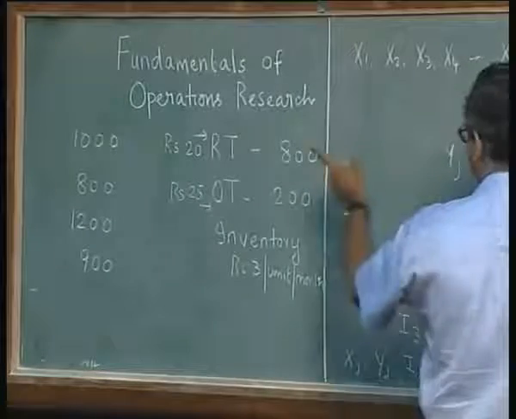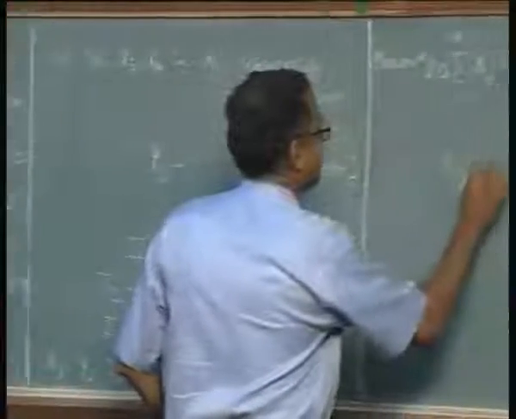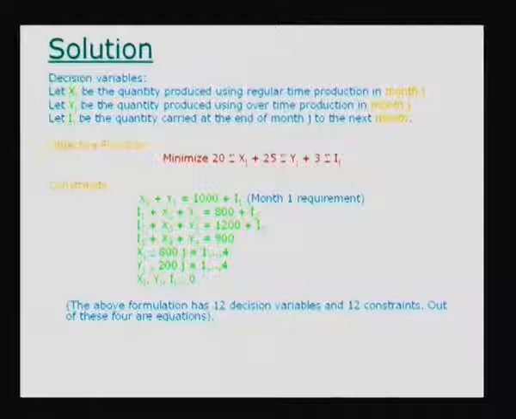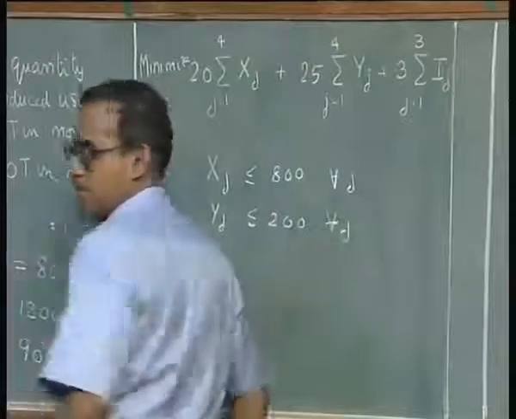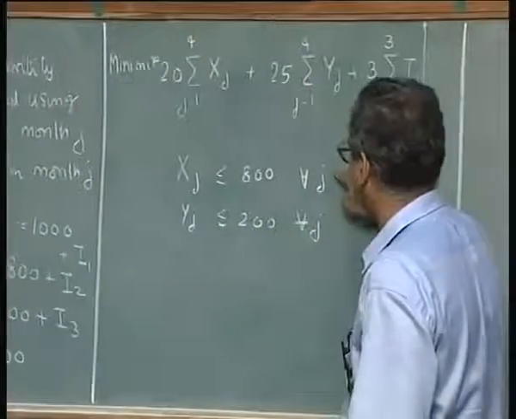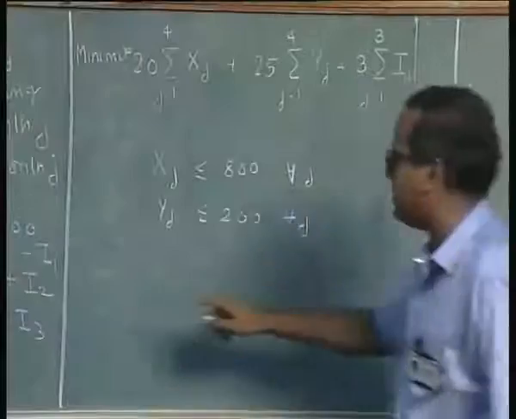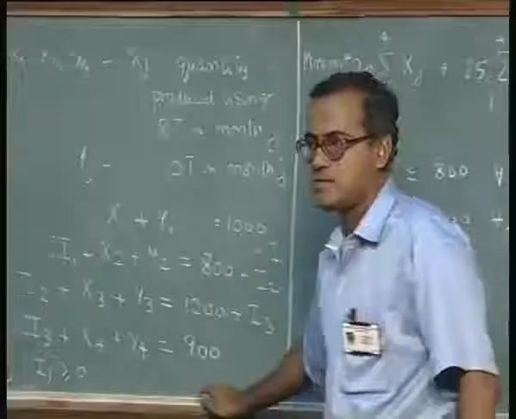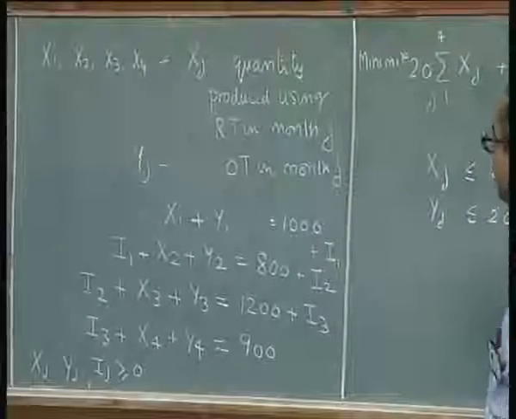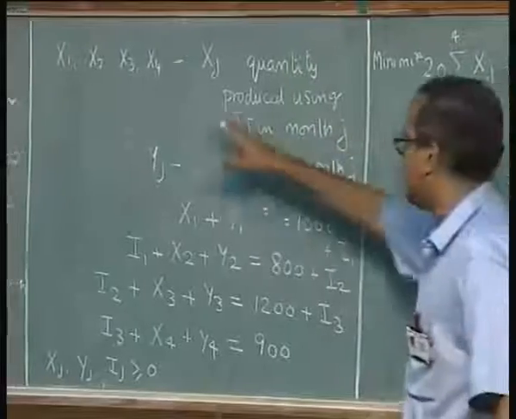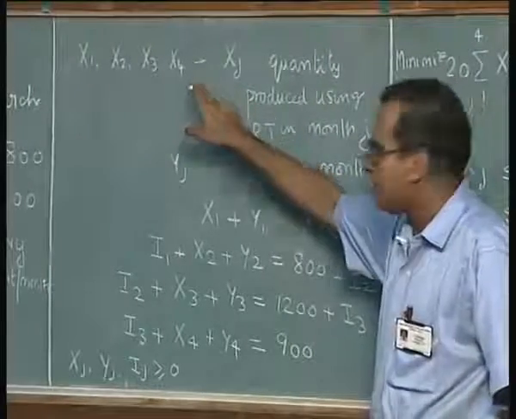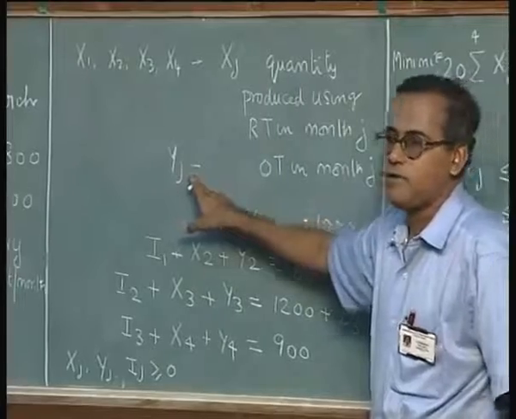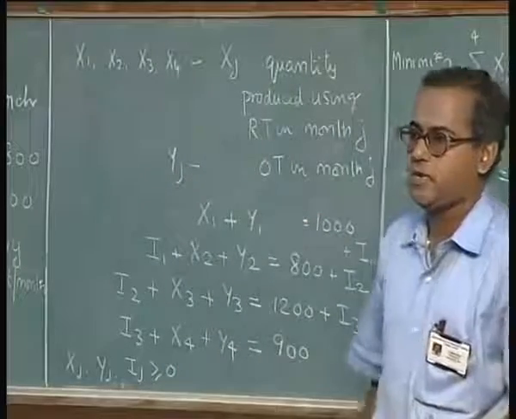These constraints will be xj less than or equal to 800 for every j, yj less than or equal to 200 for every j. So, we have 4 constraints here, 4 more constraints here, and 4 constraints for the 4 months. So, we have 12 constraints and 11 variables: 4 variables x1 to x4, another 4 variables y1 to y4, and another 3 variables I1 to I3.